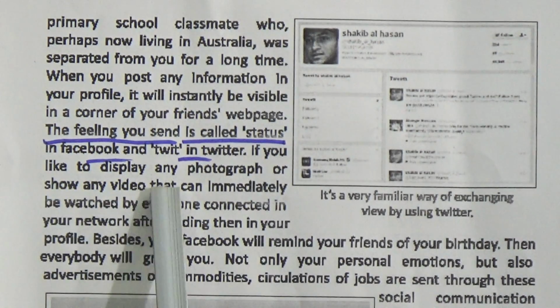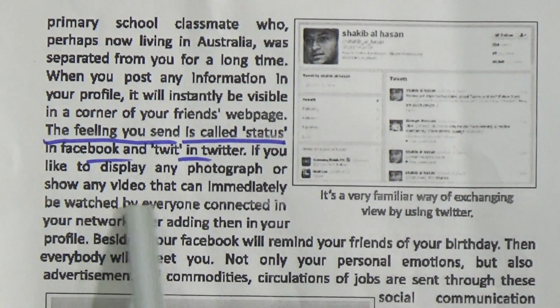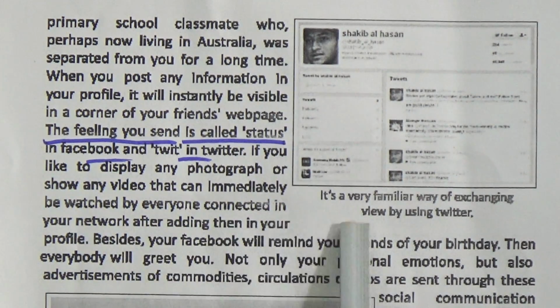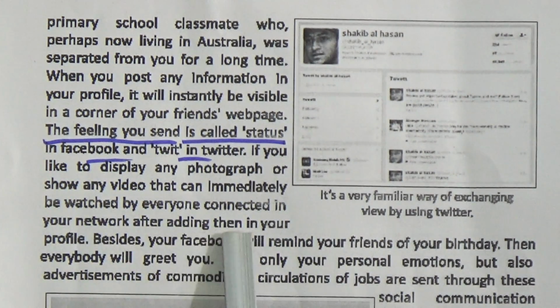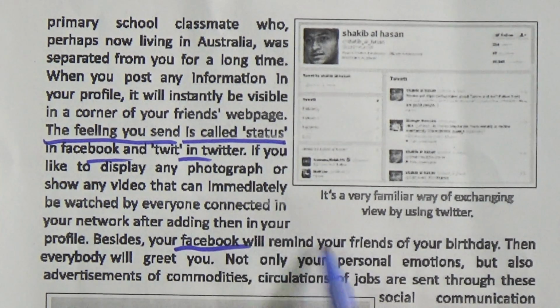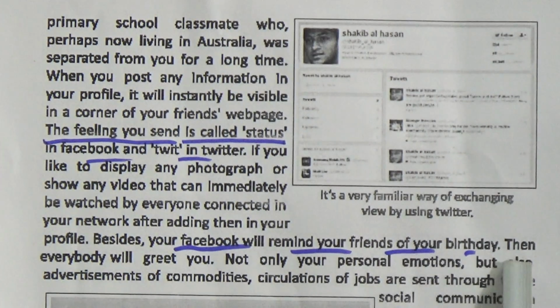If you like to display any photographs or show any video, it can immediately be watched by everyone connected in your network after adding it to your profile. Besides, Facebook will remind your friends of your birthday. Then you can wish them very easily if you forget their birthday or special day.